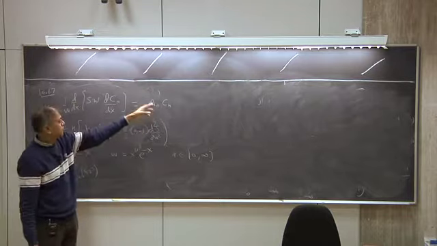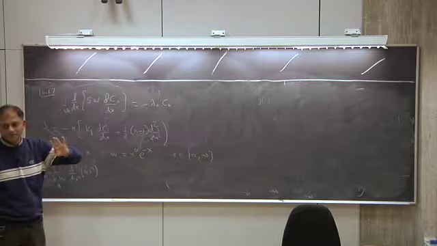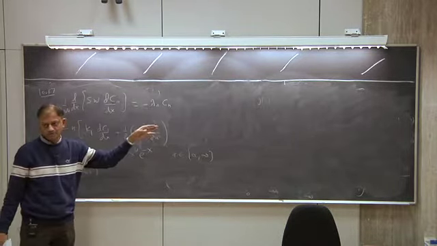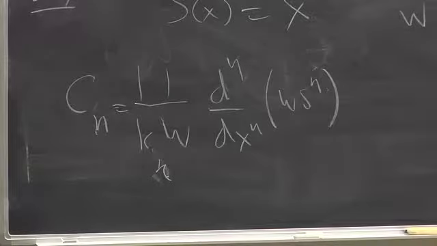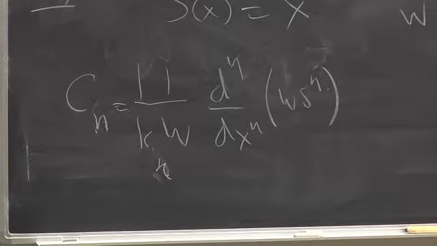It is a linear differential equation in Cn, so I can multiply by any number and it won't change the equation. The kn appears in the recursion relation, but not in the differential equation. Eventually, if you have done everything correctly, it should not depend on the choice of kn.